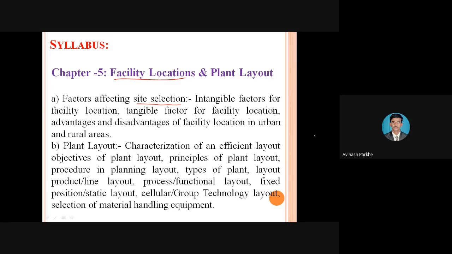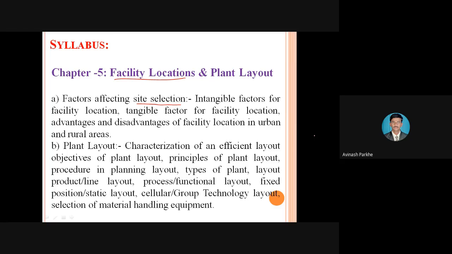Primary means it plays a very important role, and secondary means intangible factors. Some other factors rather than the primary factors are considered under the intangible factors, also called secondary factors. That tangible and intangible factors, or primary and secondary factors, we are going to discuss in part number 1 under the factors affecting the site selection.